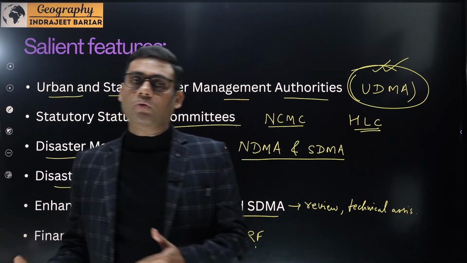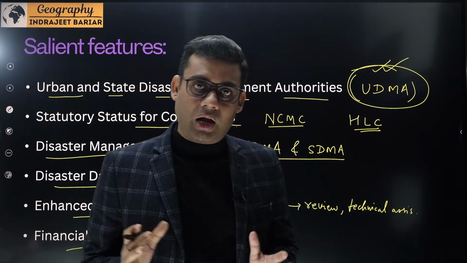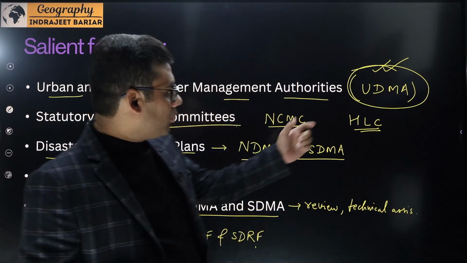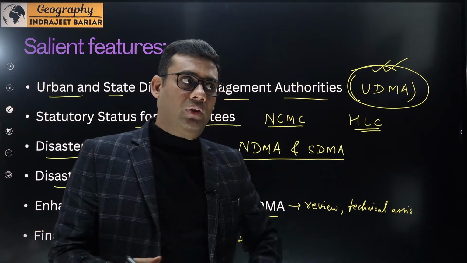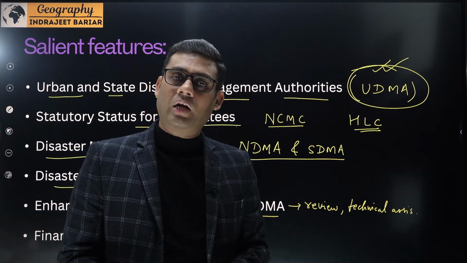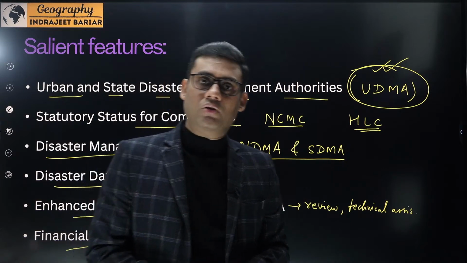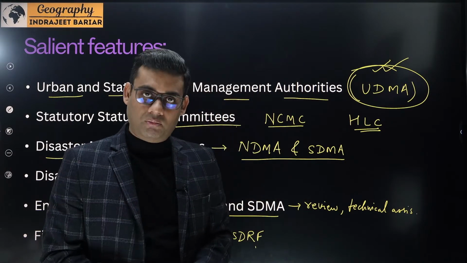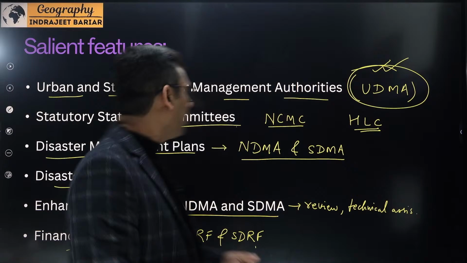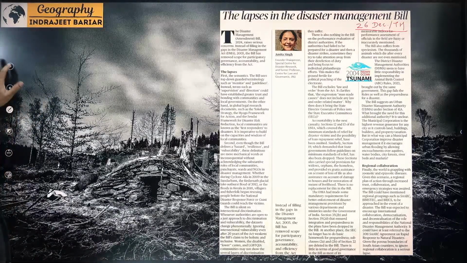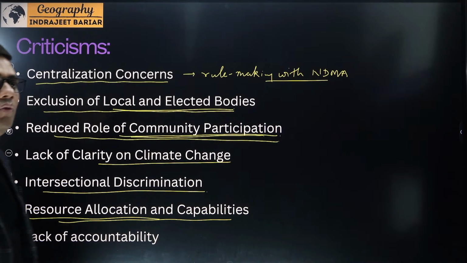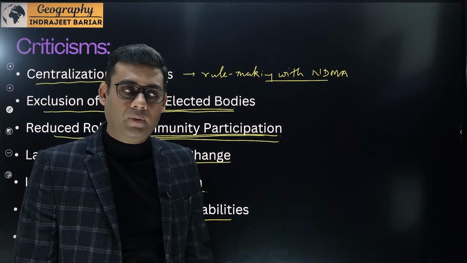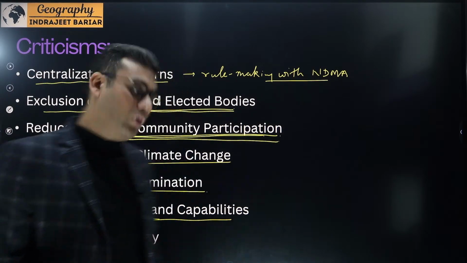The quantum that would be needed for proper disaster management, do urban bodies have that kind of financing mechanism? And if they do not have it, what is the mechanism that the government is proposing? How are you going to financially empower them? What would be the system of resource allocation? How would you create that financial capability? That in fact always would be a question.